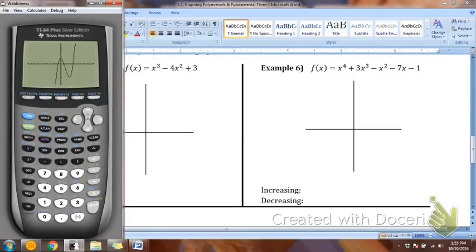Can you see it on yours? You can see it up there, okay. Second, calculate. And which one do you think we're going to use? The zero, right? So second, calculate, and then we're going to go hit number 2, or you can arrow down and get number 2, enter.